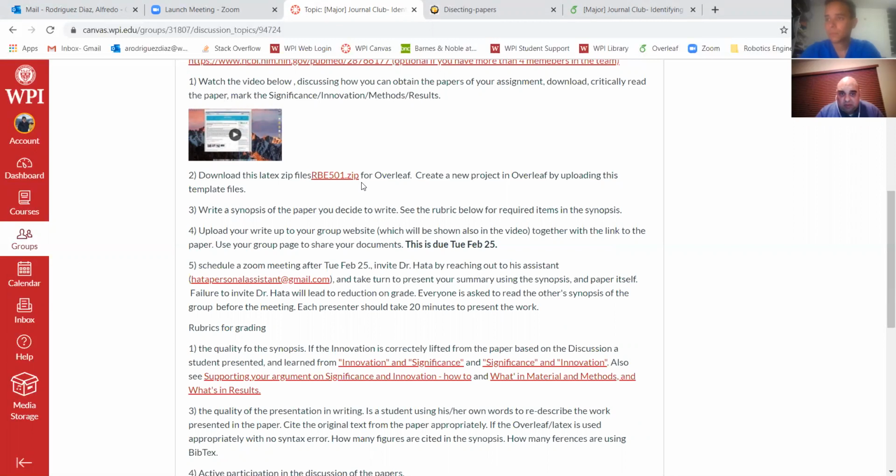Two ideas I'm thinking of: when we're writing the synopsis, we can write it as if we are summarizing each section of the paper, basically summarize the introduction, the methodology, and then the discussion and the conclusion. Or another way is to highlight in each of those sections, and this is what I think is meant in this assignment, where the innovation is and where the significance is.